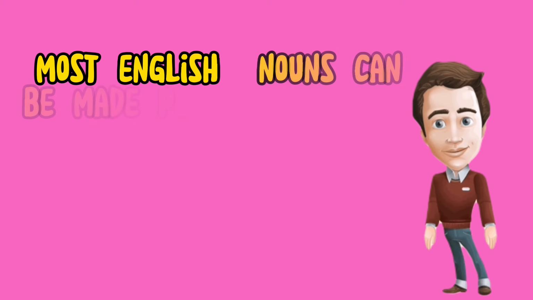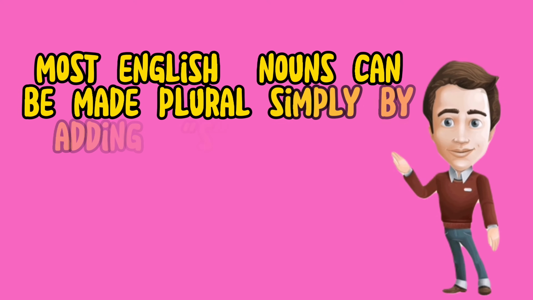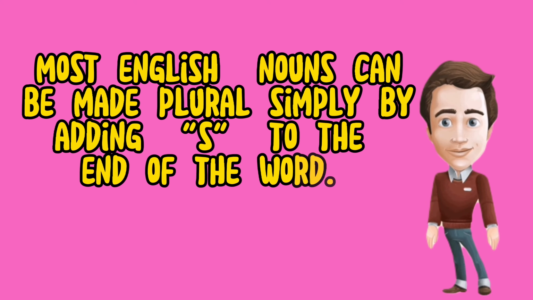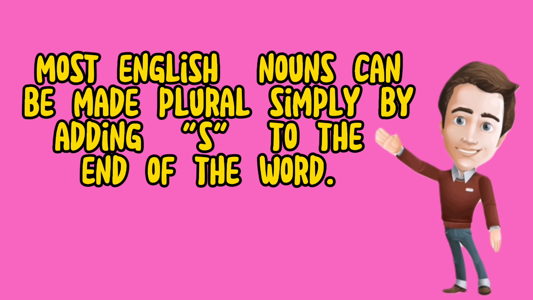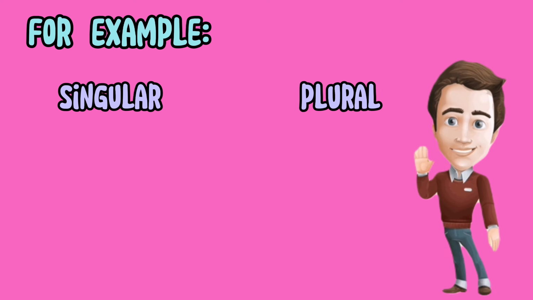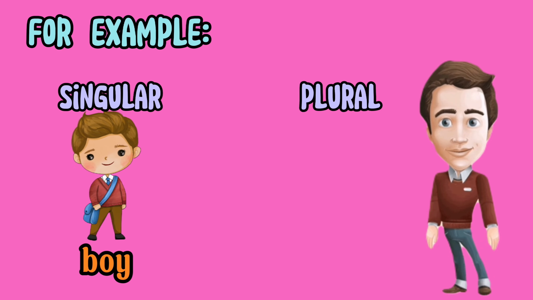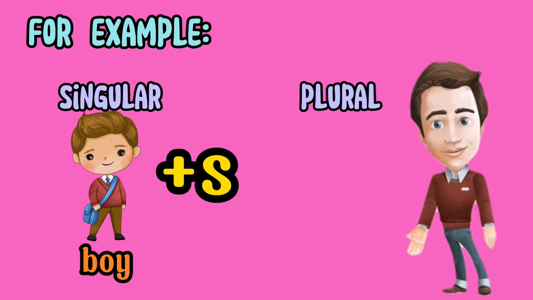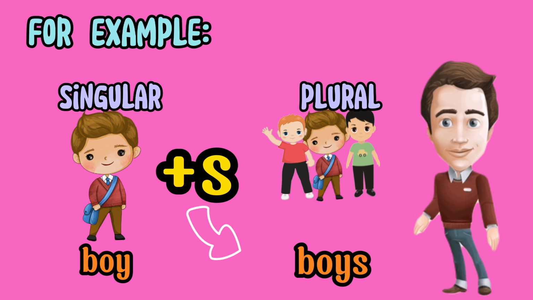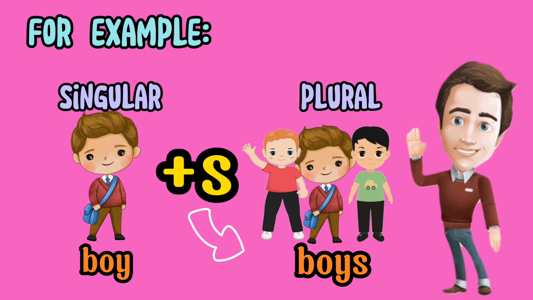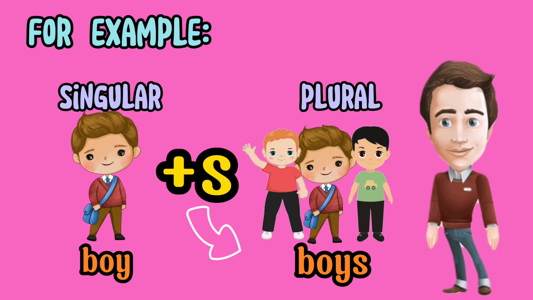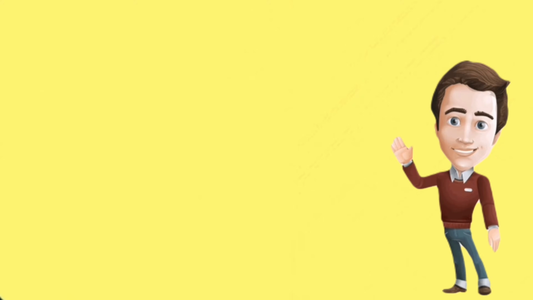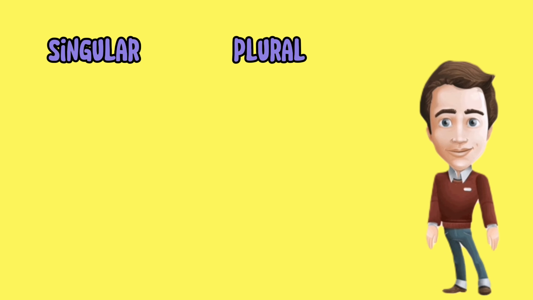Most English nouns can be made plural simply by adding s to the end of the word. For example, boy is a singular noun, but if we add s at the end, it becomes boys, which is a plural noun. Let's have another example.